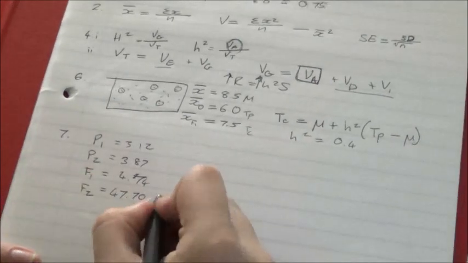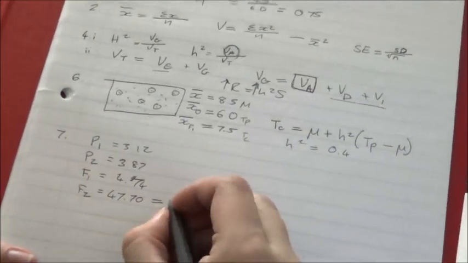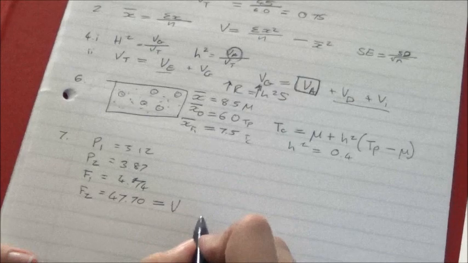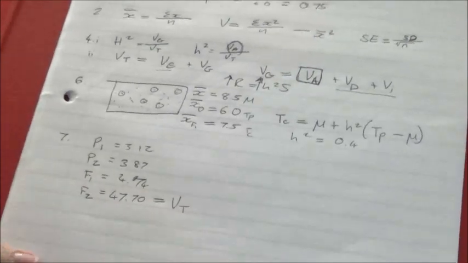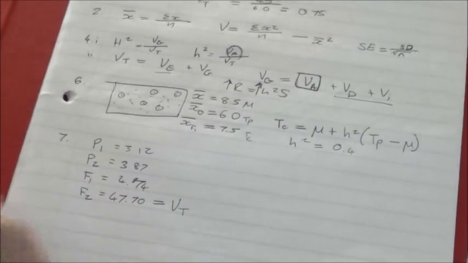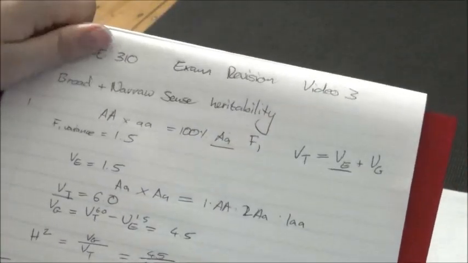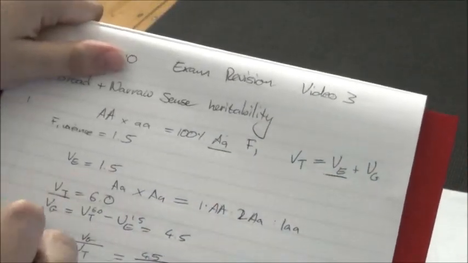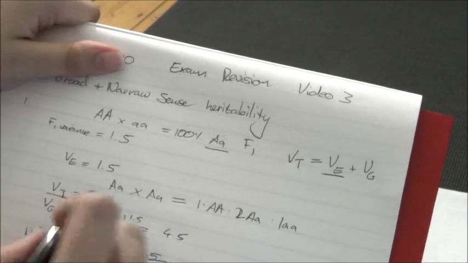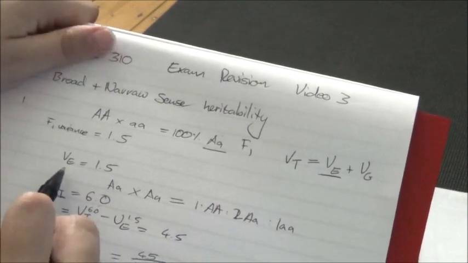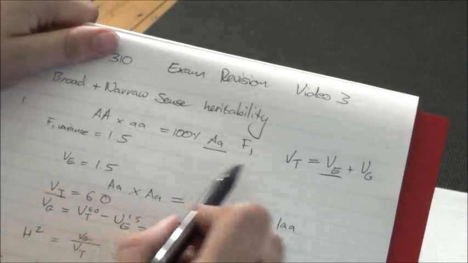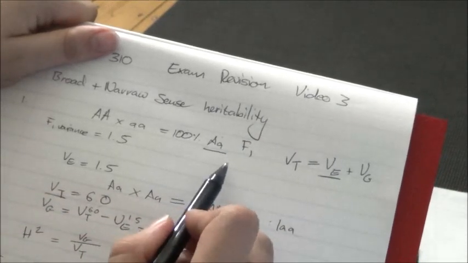Okay, so automatically, first things first, we can call this our total variance. Now, again, looking back at what we worked out in the first question, our environmental variation is what we saw in the F1 generation.